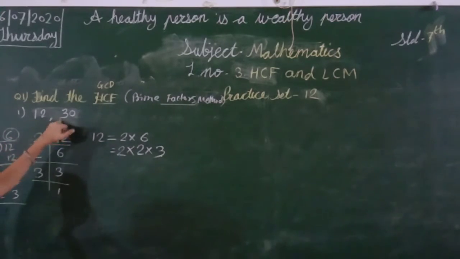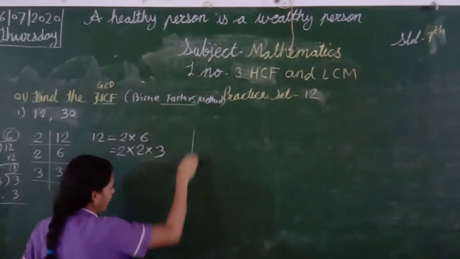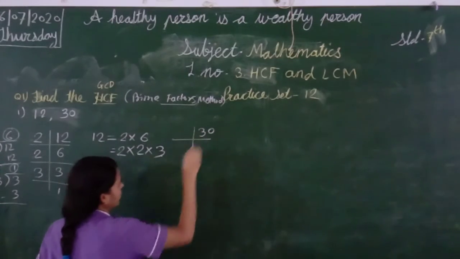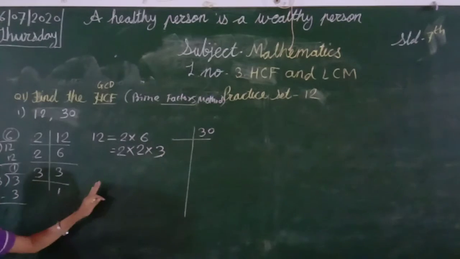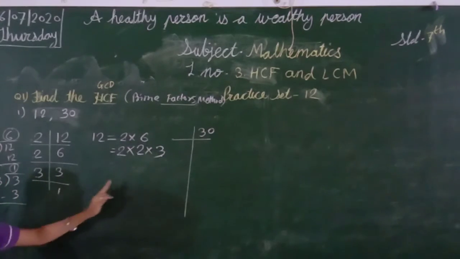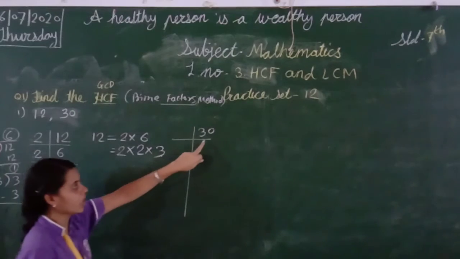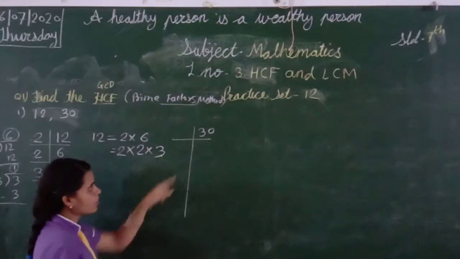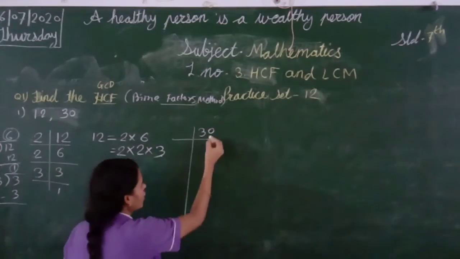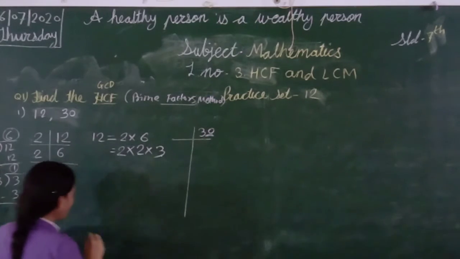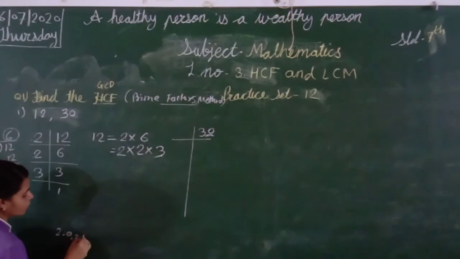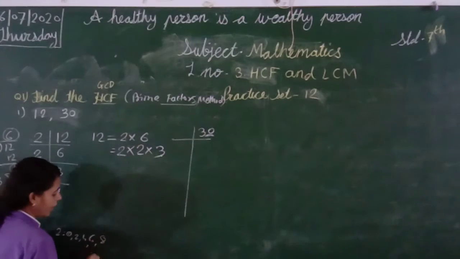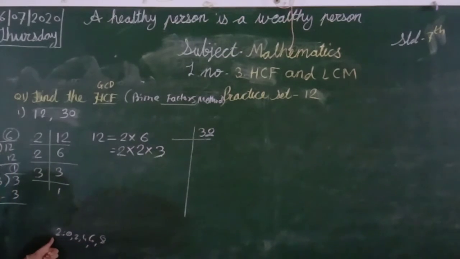Now we take out the factors of 30, the same vertical method first. Students, use only one method. You have to take out the factors by only one method; no need to use both. Now 30: does 30 come in table 2? Yes, because the unit place has a 0. When the unit place has 0, 2, 4, 6 or 8, you divide by 2.